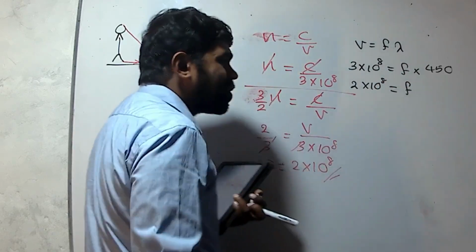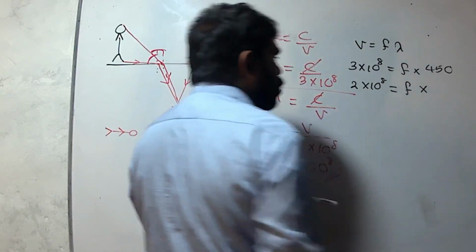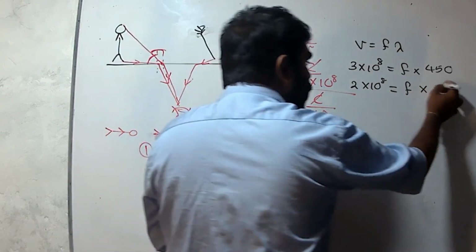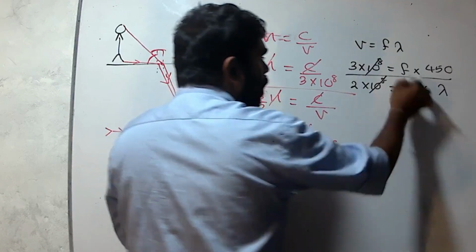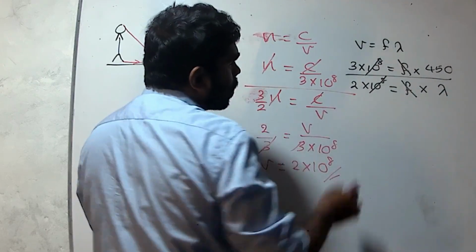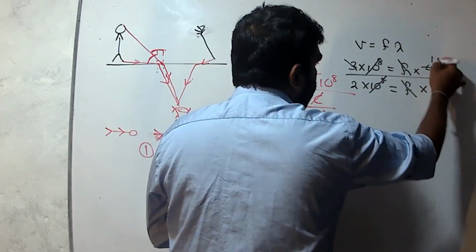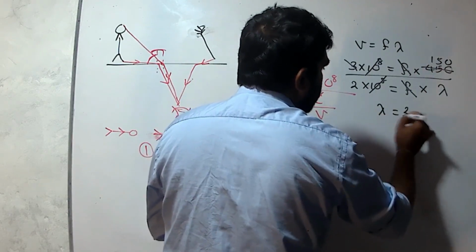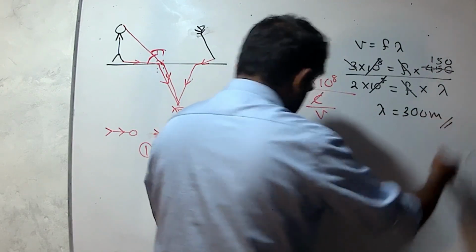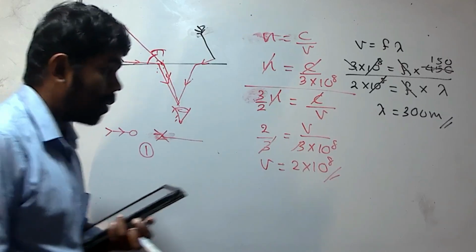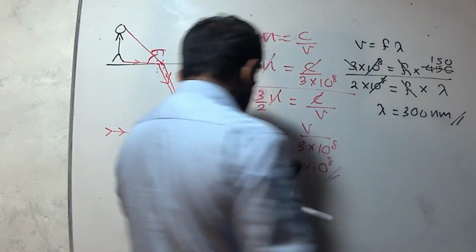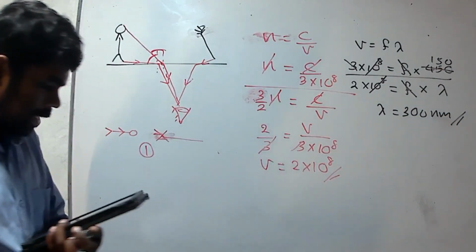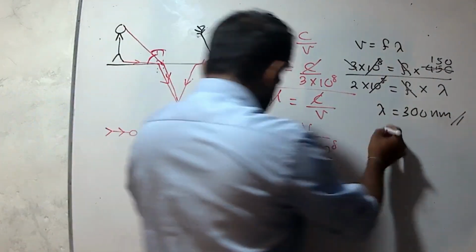Frequency f is constant; it depends only on the source. We have to find wavelength lambda. Then we can divide the two equations and cancel out common terms. Then lambda equals 300 nanometers. So 2 into 10 to the power 8 and 300. Then the answer is 3.